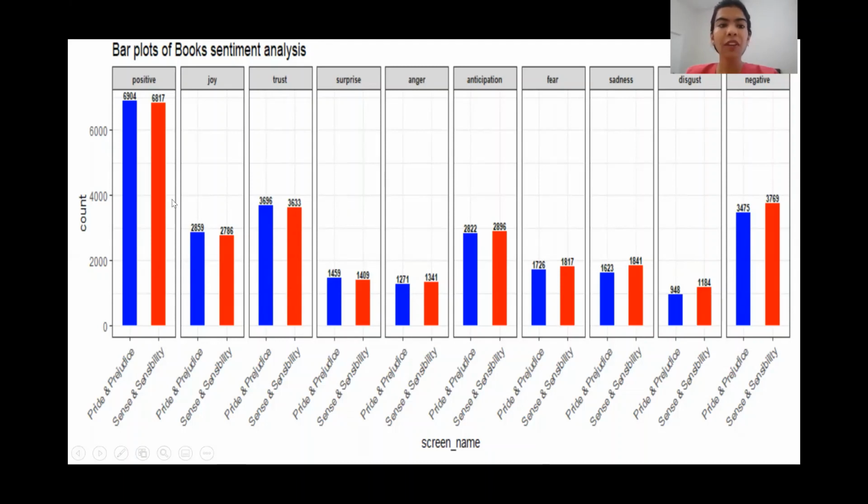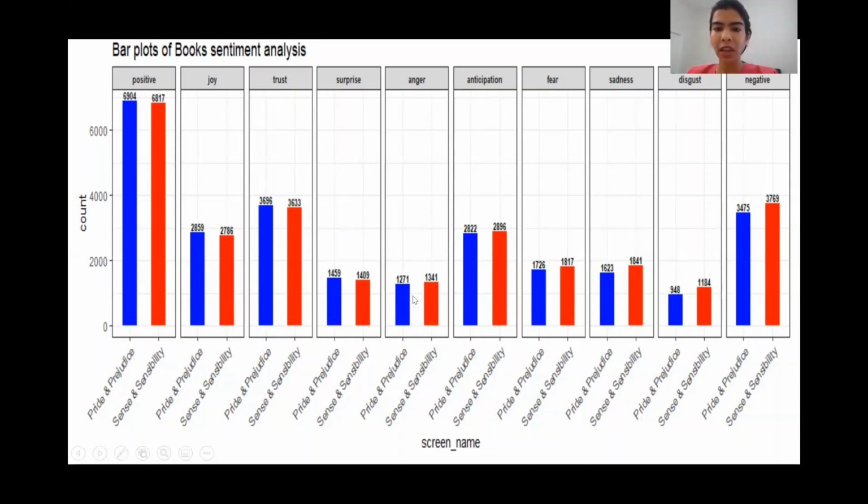We can see here that Pride and Prejudice has 6904 positive words, while Sense and Sensibility has 6807 words. But as we move towards the right side of the plot, towards the negative sentiments, the counts are slightly different. Pride and Prejudice has dissimilar counts in the context of the negative words.